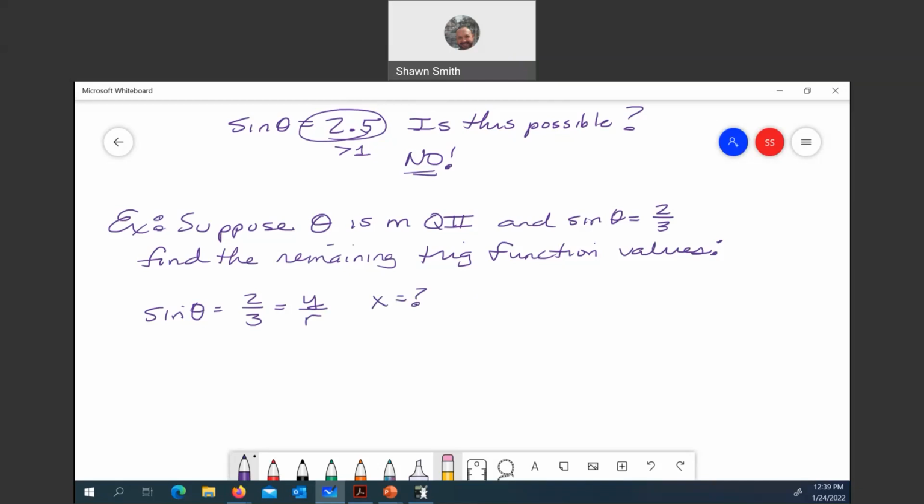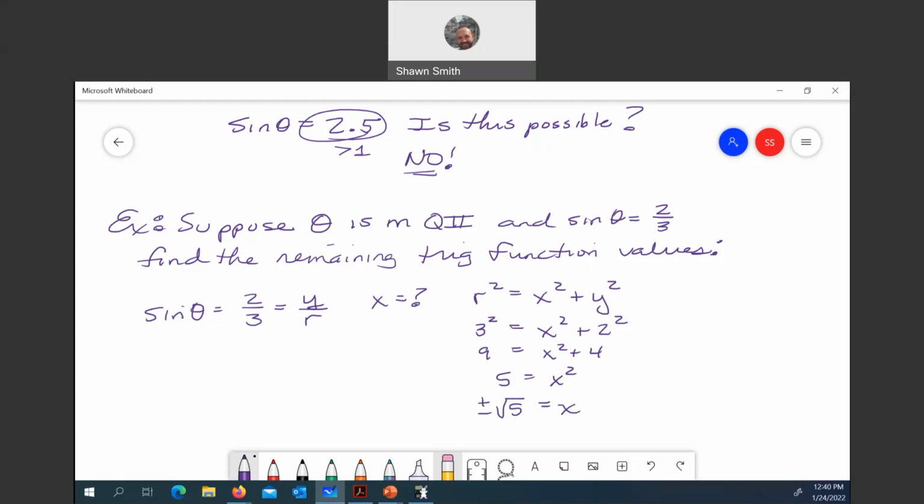Well, use your Pythagorean theorem: r squared is equal to x squared plus y squared. 3 squared is equal to x squared plus 2 squared. 9, 4. X squared is 5. Take the square root. Don't forget the plus and the minus when using the square root method, right?